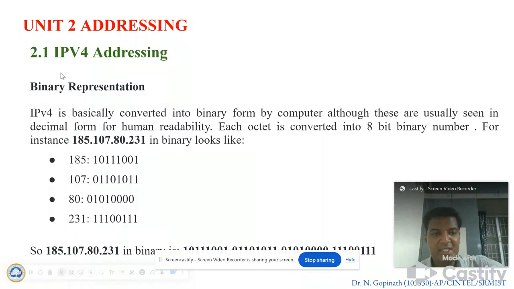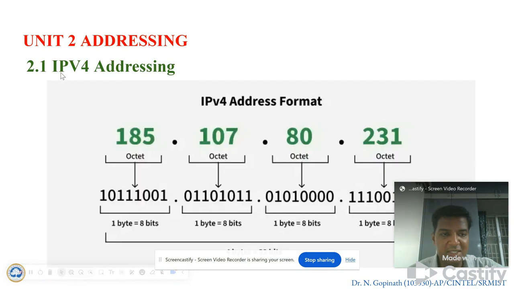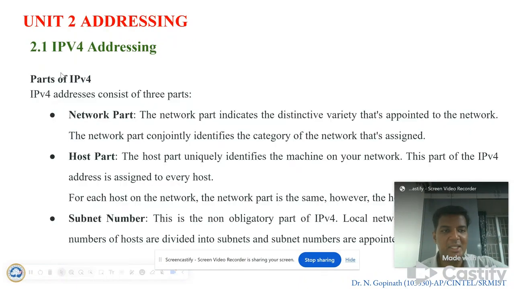For instance, 185.107.80.231 in binary looks like 185: 10111101. Similarly, 107, 80 and 231. So the binary representation is given here for your reference. This is the IPv4 address format, given in a pictorial representation for your better understanding.